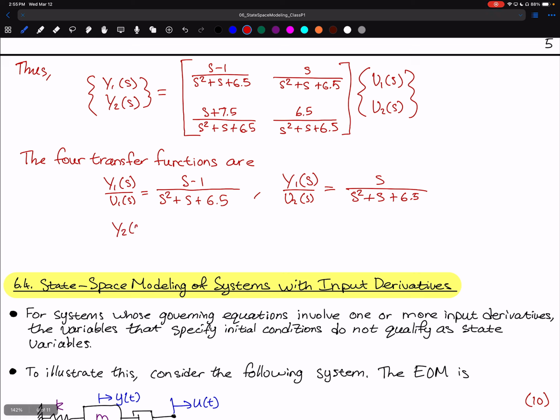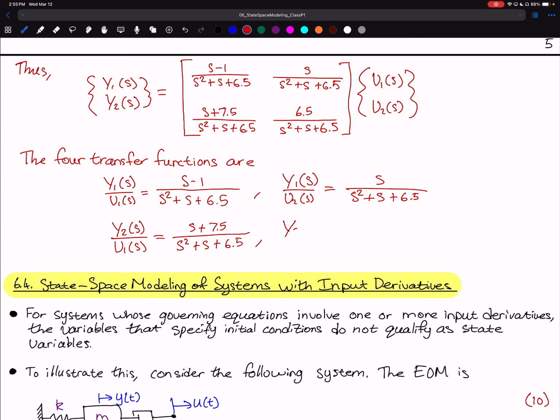y2 of s divided by u1 of s is then equal to s plus 7.5 over s squared plus s plus 6.5.